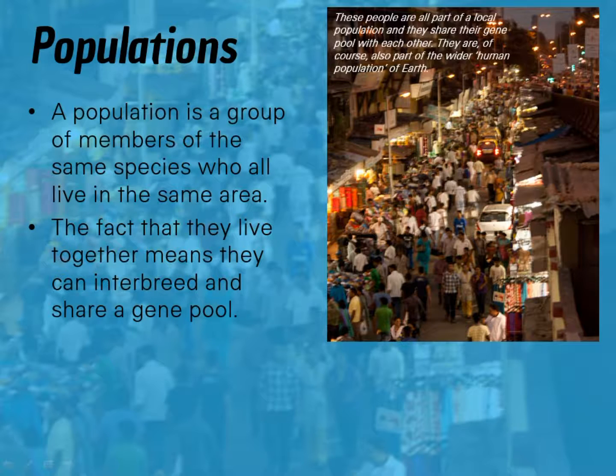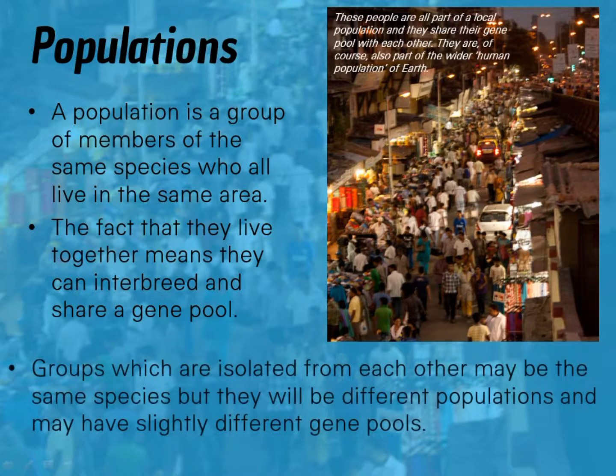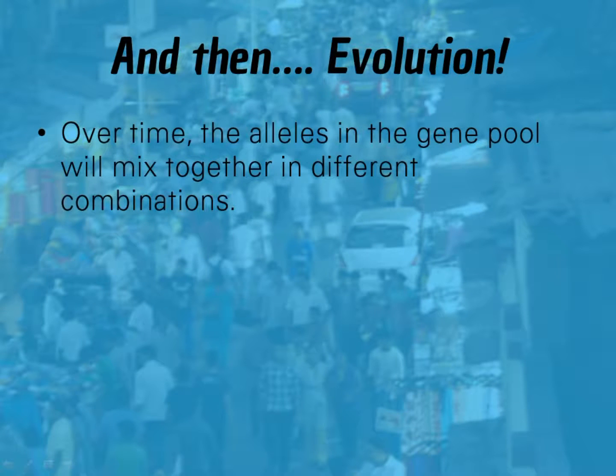We have local ethnicities because until relatively recently, it was not possible for all of the different people from all of the different countries to interbreed. This shows that when groups are isolated from each other, there will be different populations within a species that may have slightly different gene pools. And we do see this in the animal kingdom as well. And in fact, it's only a short step from here to evolution.